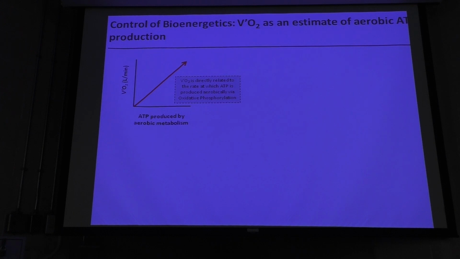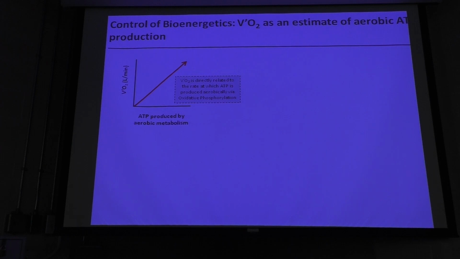If you believe what I just said, then the rate of oxygen consumption increases in direct proportion to the amount of ATP produced through aerobic metabolism or oxidative phosphorylation. So more ATP produced through oxidative phosphorylation, we get a higher VO2. So VO2 is directly related to the rate at which ATP is produced via oxidative phosphorylation.